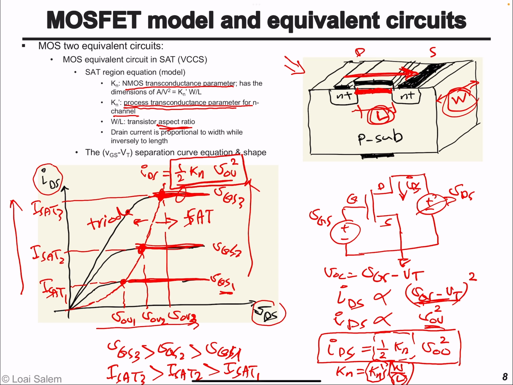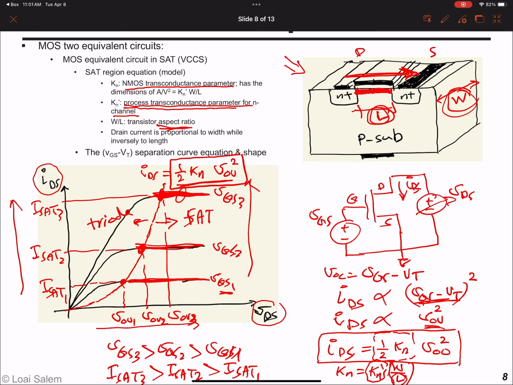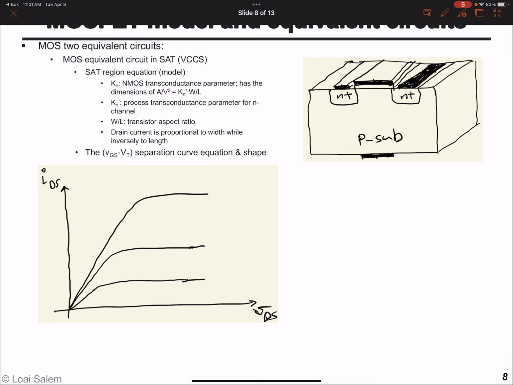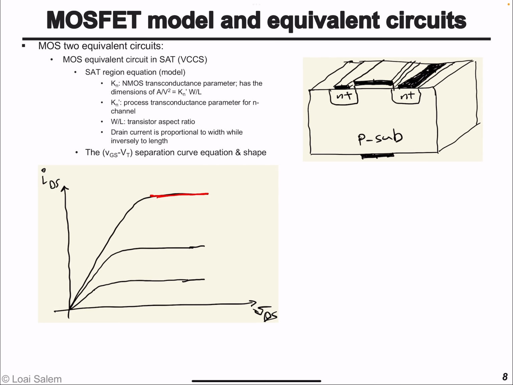So one more point here, we notice that the current of the transistor in the saturation region is constant versus the drain to source voltage. So for all these drain to source voltage values, the transistor current for VGS3 is of constant value.